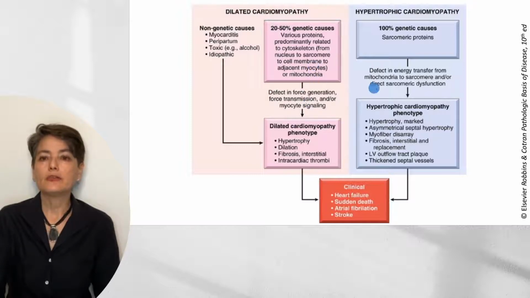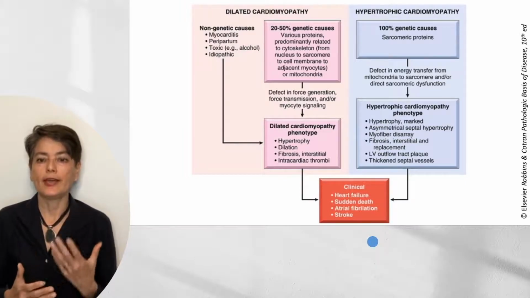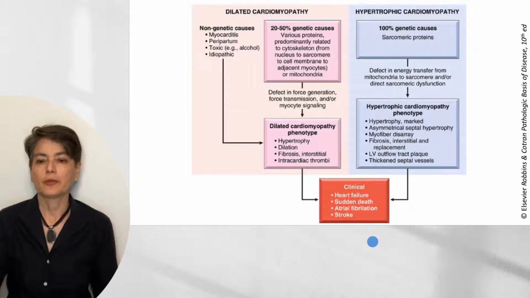They're going to have different effects, so defect in energy transfer leading to, and we can also get direct sarcomeric dysfunction. This is the phenotype we just described. Here is the phenotype that we see in dilated cardiomyopathy, but both of them may have the same end product: heart failure, sudden death, atrial fibrillation, and stroke.